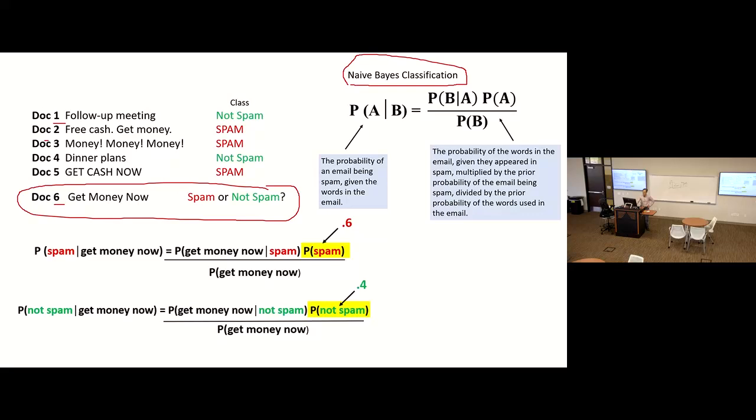Then you look at the probability of being a spam email and how many of them have this keyword or this phrase. This is like the prior knowledge, and this is the likelihood.